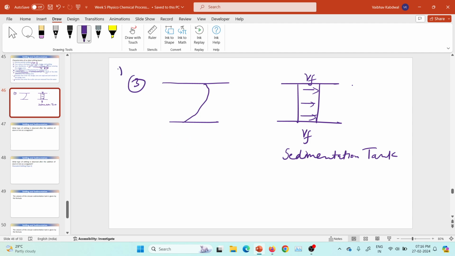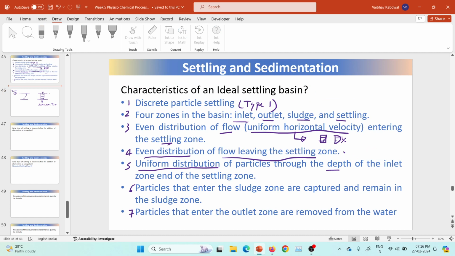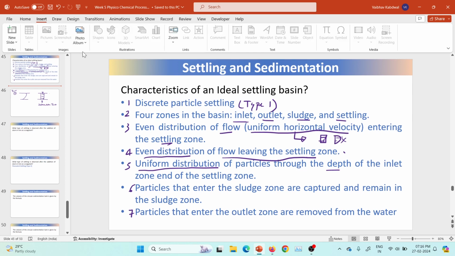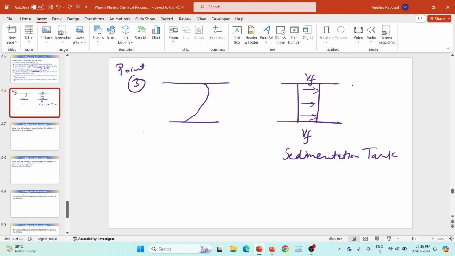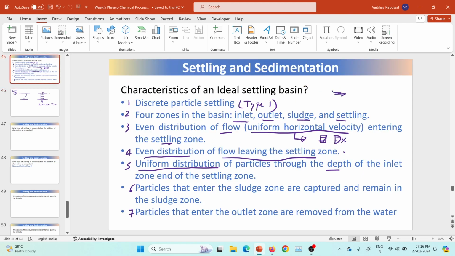So this is for point number 3: even distribution of flow leaving the settling zone. That's why we are providing the outlet zone. And uniform distribution of particles throughout the depth of the inlet zone and of the settling zone.